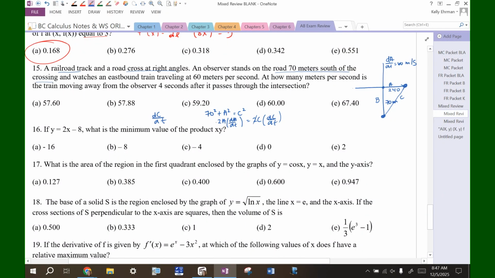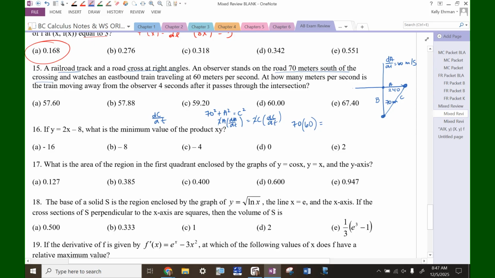And we can divide out the 2's. A is 70, and it's not negative or anything because we're just talking about a triangle in general. So 70 times 60 equals C times dc dt. I guess we could figure out C. I probably need to know this, right? 7, 24, 25.